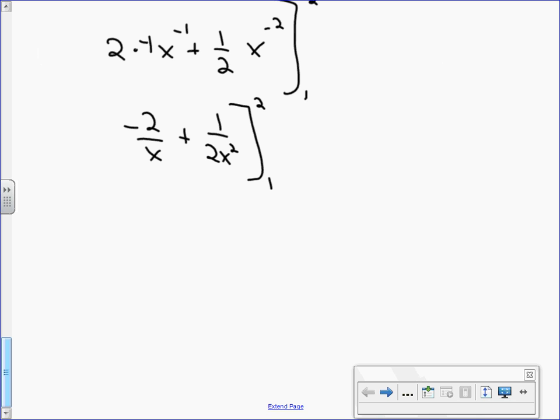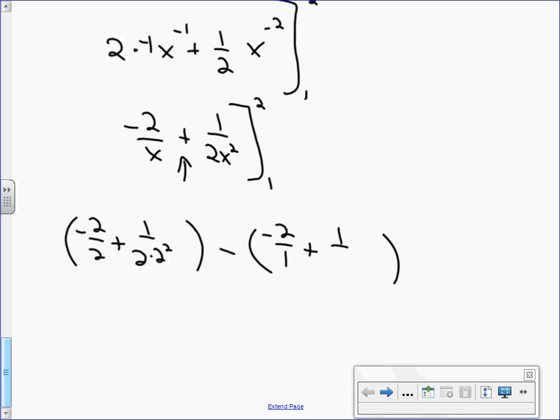Okay? So again, this has got a plus in it right here, and sometimes people just forget that they've got to do the whole thing twice with the 2. -2 over 2 plus 1 over 2 times 2 squared, and then -2 over 1 plus 1 over 2 times 1 squared. You plug in the top number, you plug in the bottom number, and you subtract.